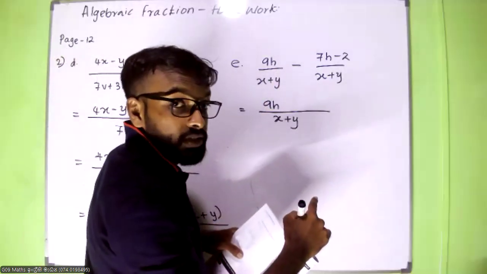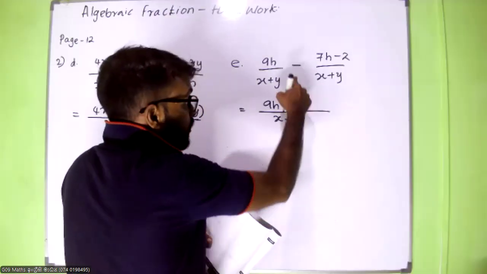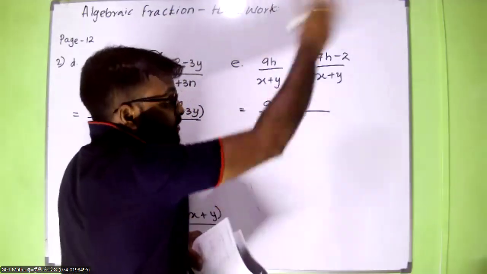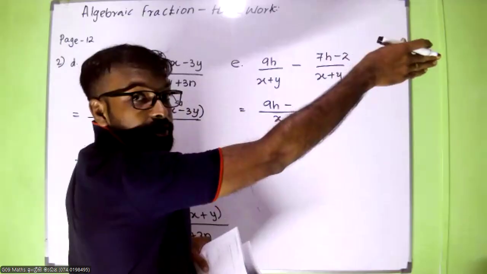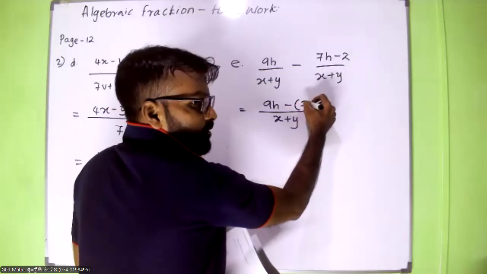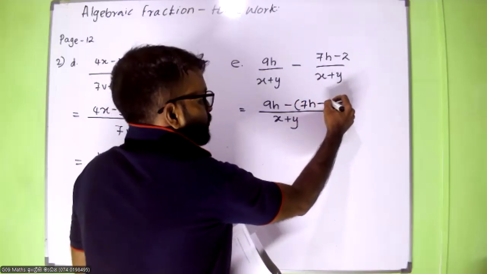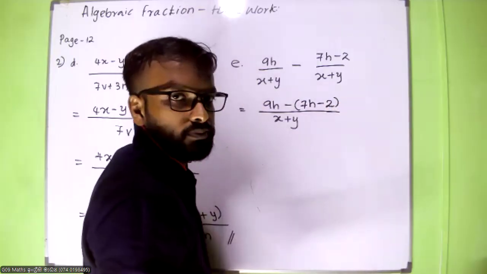Minus sign. What is the important thing? Here you have a minus sign. The right hand side fraction's numerator should be inside the parenthesis. 7h minus 2.